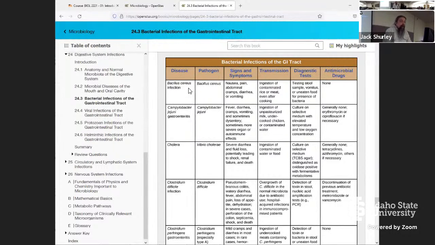Some of these things we think of as foodborne illnesses. Others can be some food poisoning, and in a poisoning situation, the pathogen, the bacterium, may or may not be present, likely not present, and it's the toxins that it secretes. That's what makes you sick.